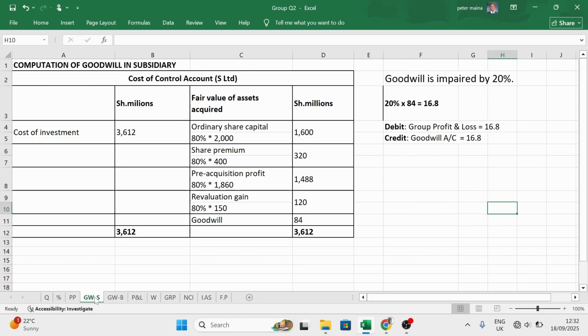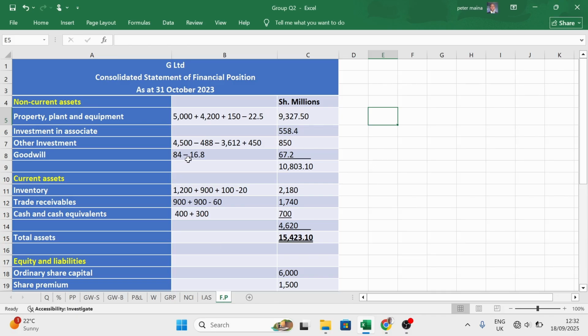If you go to the workings we did, the goodwill was 84, and then the goodwill impaired was 16.8. We are supposed to deduct the goodwill impaired and record the net figure. So 84 minus 16.8 gives us 67.2. Those are all the non-current assets.